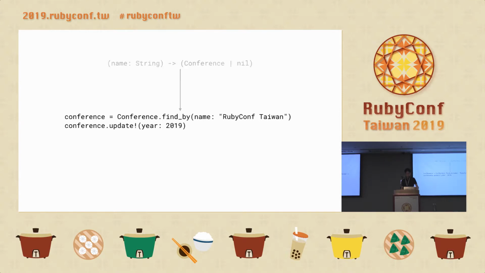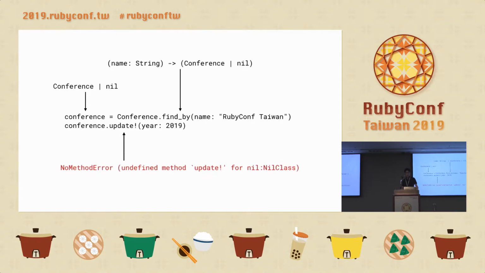And as you know, the method returns nil if there is no record matching the query. So the type of the find_by method will be like this. It receives a string as a name, and it will try to fetch some records from the database. And if there is no record in the database for the query, it returns nil. So it means that the type of the conference variable will be conference or nil. So there is a chance to be nil, and it is the reason we see the error on the update_ban method call.